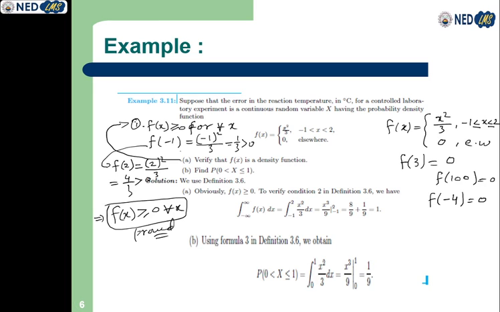What is the second property? The second property is that the integral, the area under the curve, must be equal to 1. So the area under the curve from minus infinity to plus infinity of f of x dx must be equal to 1.